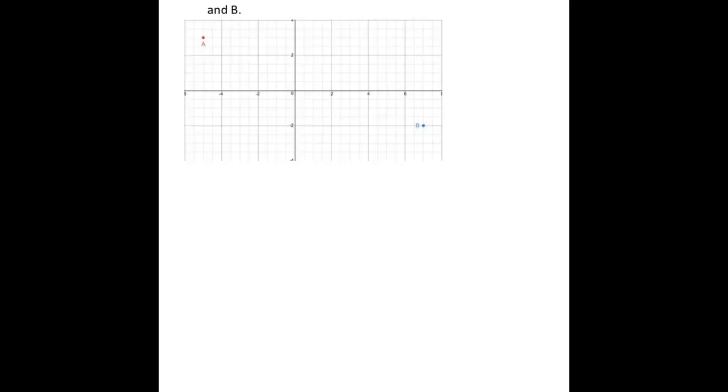Our last example, showing you how to use the Pythagorean theorem to find the distance between 2 points on a coordinate grid. So if I look at point A and I look at point B, I am trying to calculate the distance from A to B. Well, I can do that if I turn those distances into a triangle. So I'm actually trying to find the long side right there on the diagonal, and I can count the distances here. Notice that each grid mark is just a half. So I have 1, 2, 3, 4.